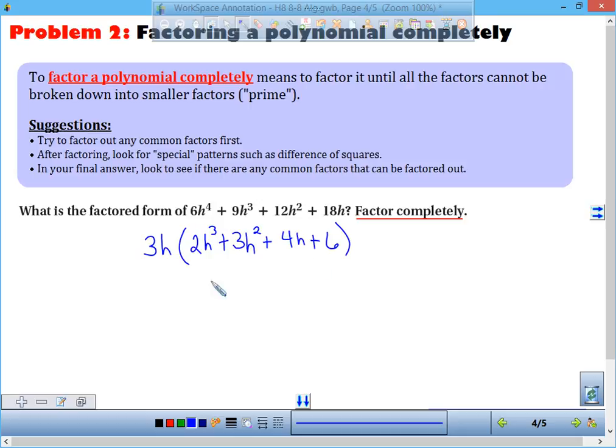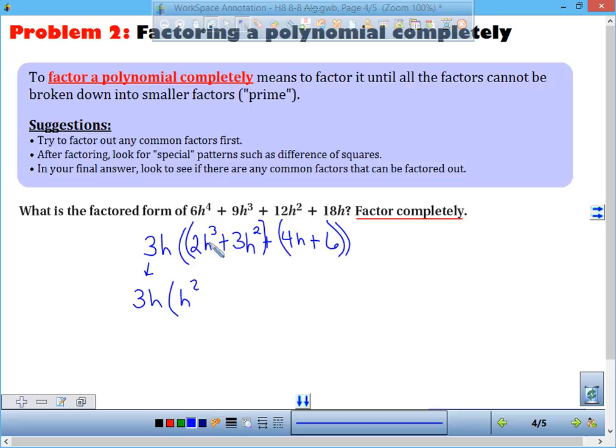Okay? And then from there I'm going to factor by grouping. So I'm going to group this first group together and then the second group. So this 3H just tags along the whole way. That doesn't change anything. So now my first group, my GCF is just going to be H squared, because there is no GCF between 2 and 3.